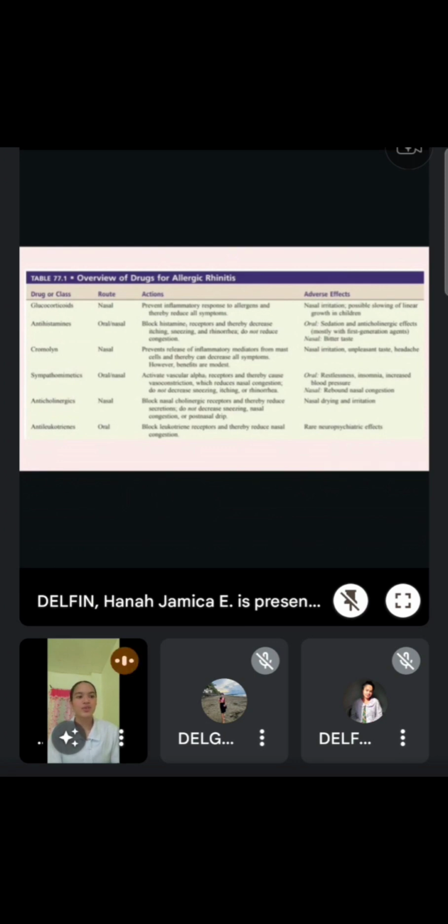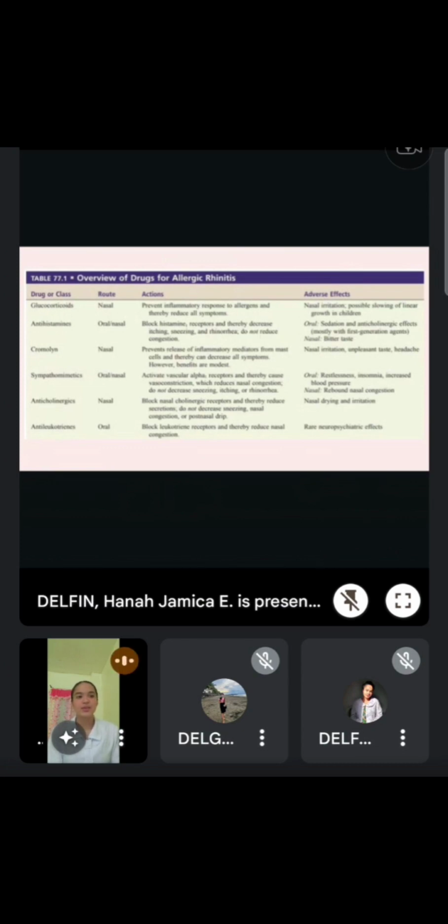With topical administration, vasoconstriction is both rapid and intense. With oral administration, responses are delayed, moderate, and prolonged. In patients with allergic rhinitis, sympathomimetics relieve only stuffiness. They do not reduce rhinorrhea, sneezing, or itching. In addition to their use in allergic rhinitis, sympathomimetics can reduce congestion associated with sinusitis and colds.